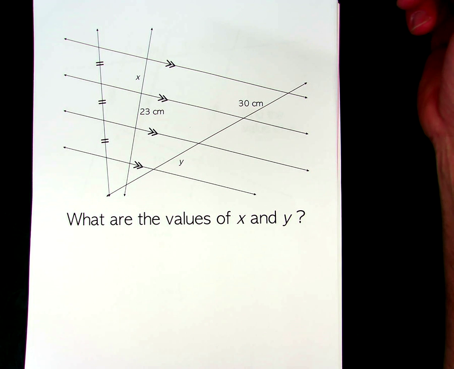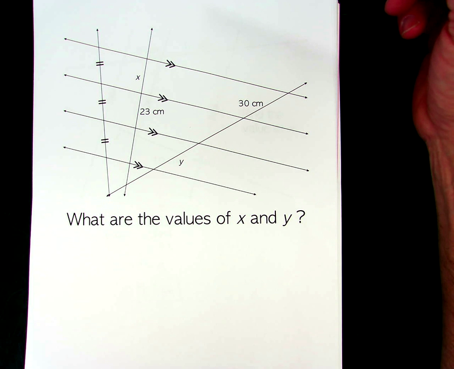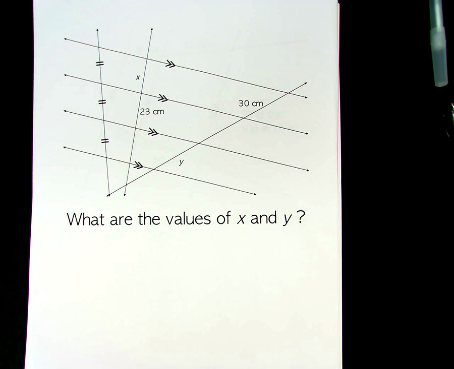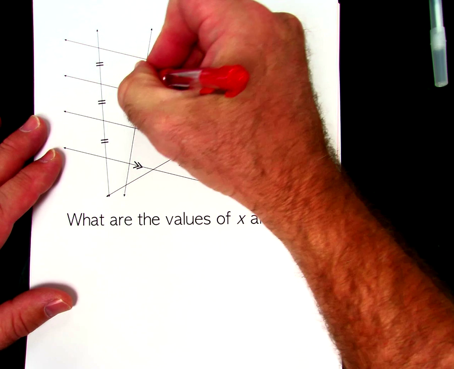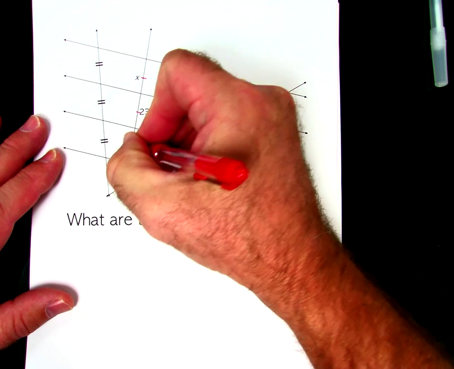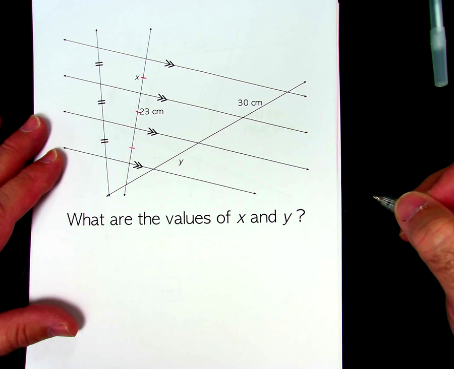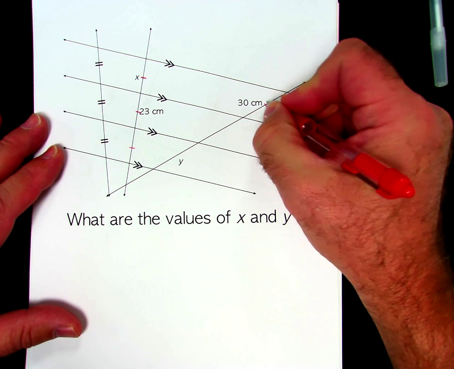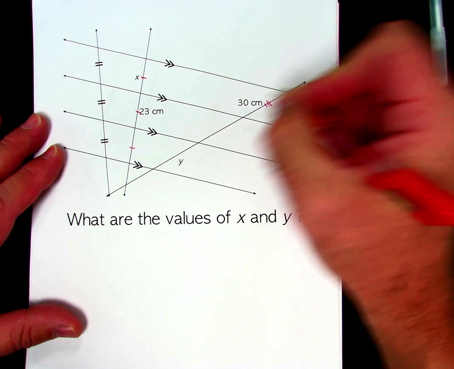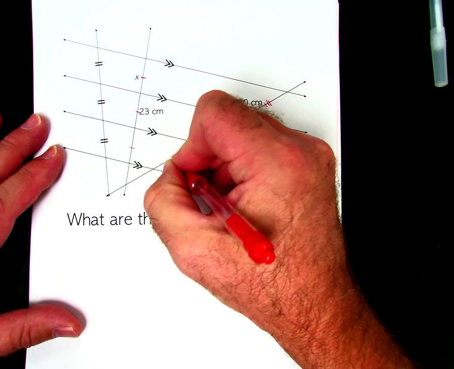That means that any other transversal is also divided into congruent segments. So I would know, for example, this segment and this segment are congruent. Likewise, on this transversal, those 3 segments are congruent.